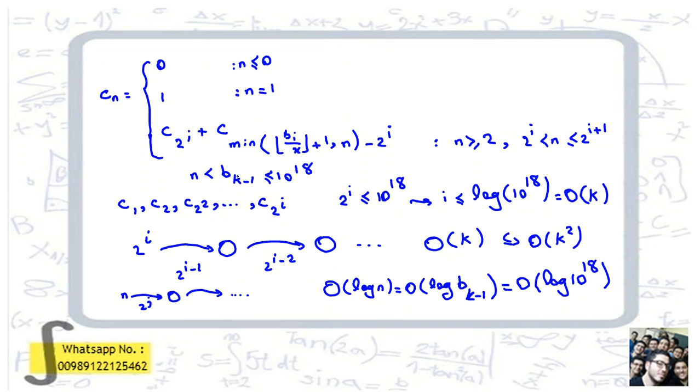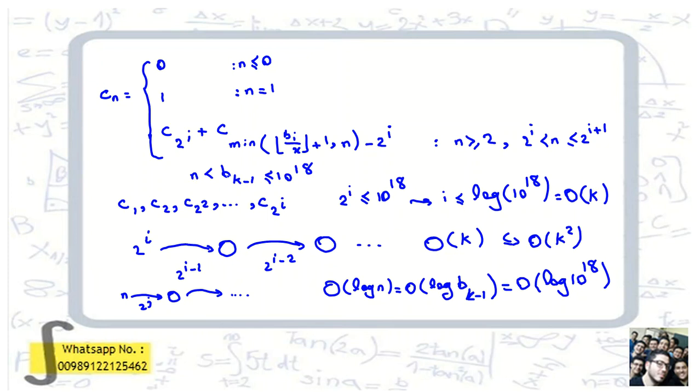Now, we should consider the time of this problem, with n strictly greater than 2 to the I and less than or equal to 2 to the I plus 1. We want to find the time of this problem, order of that. We should find C1, C2, C of 2 to the 2, up to C of 2 to the I, and until the last n that we want to find.